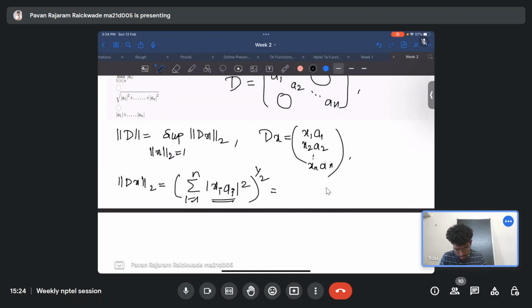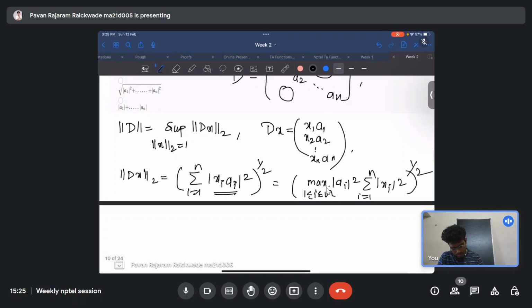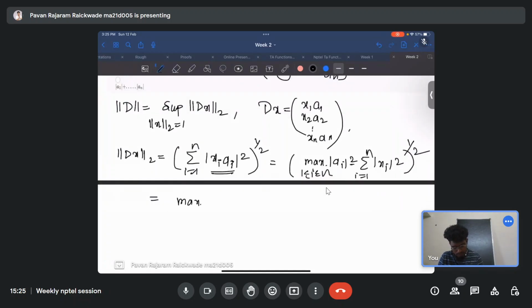So this is the maximum of mod ai, times the summation of modulus of xi squared, i from 1 to n, whole raised to 1 by 2.